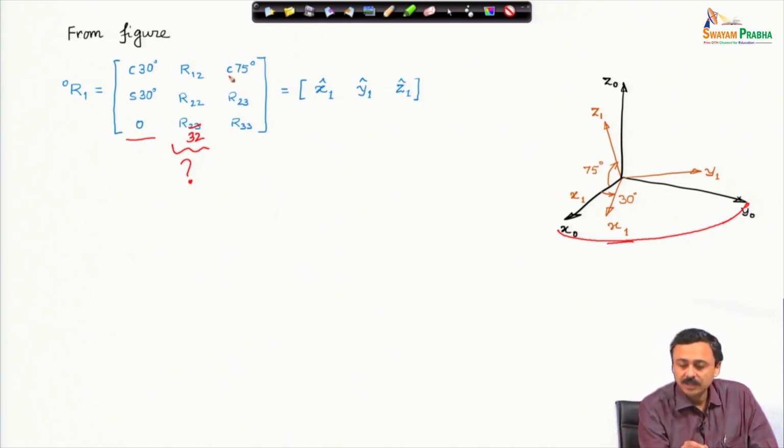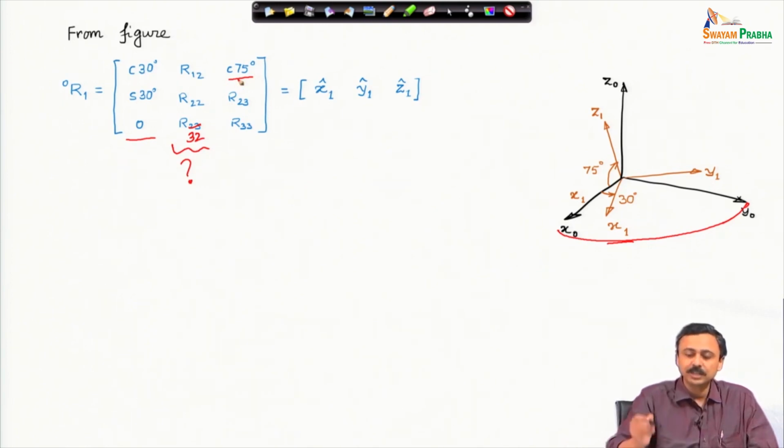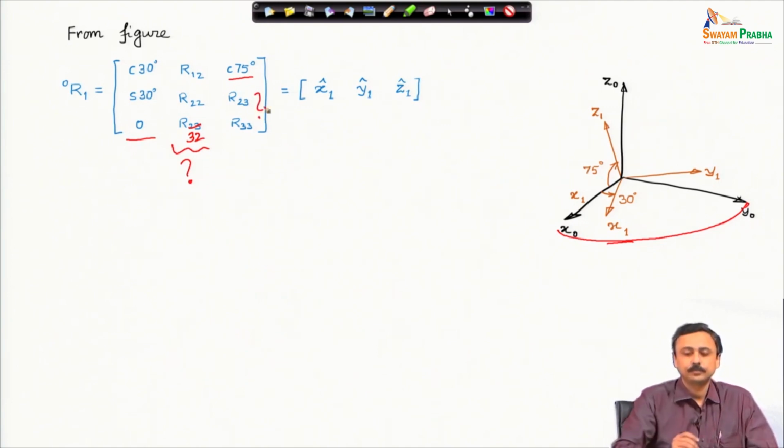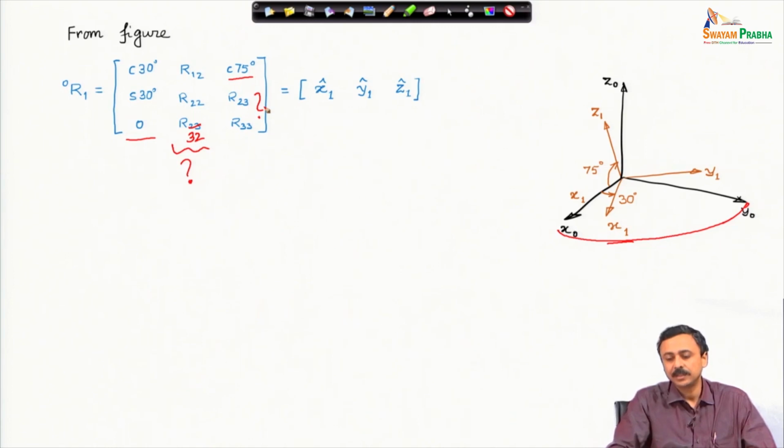Now, between z1 and x 0 I know the angle, it is specified in the problem, therefore, cos 75, because it was a dot product of the unit vector z1 and unit vector x 0. So, this is cos 75, other two entries I do not know. I do not know the angle that z1 makes with y 0 or with z 0, because z1 is not guaranteed to be on the x 0 z 0 plane.